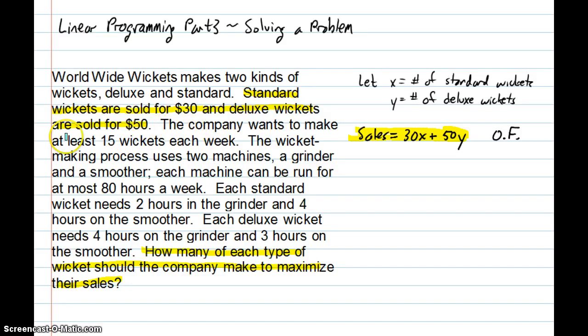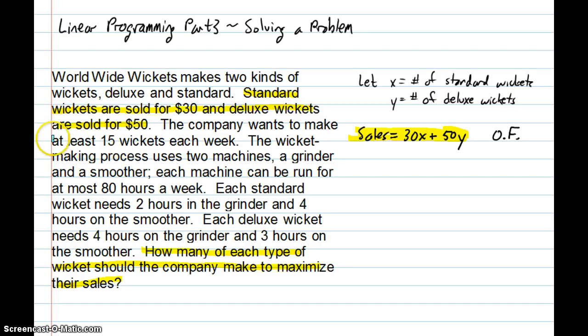The company wants to make at least 15 wickets each week. At least 15. Okay, so they could make 15 standard wickets and no deluxe, or they could make 10 and 5. It wants to make at least, so they could make more than that. Oh, that's an inequality.